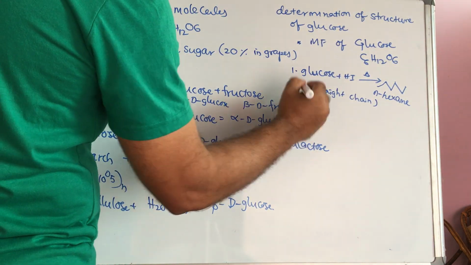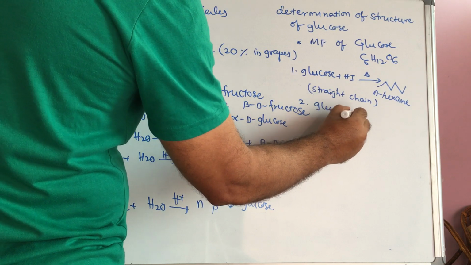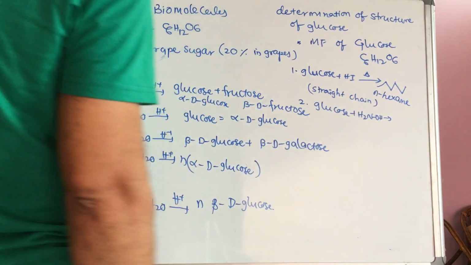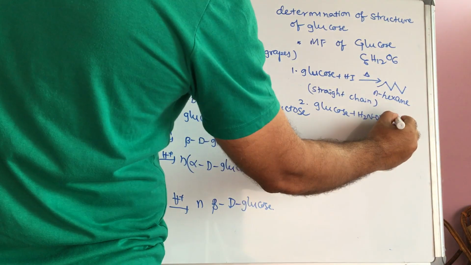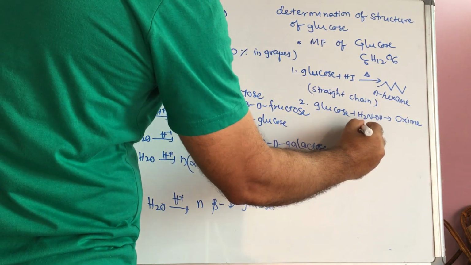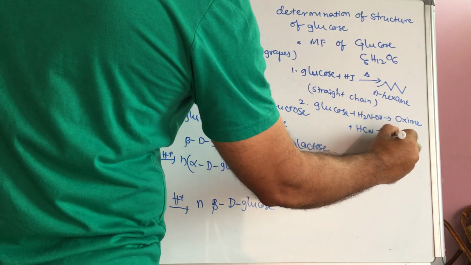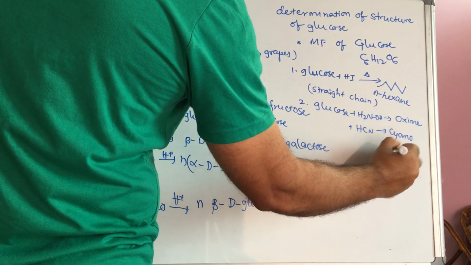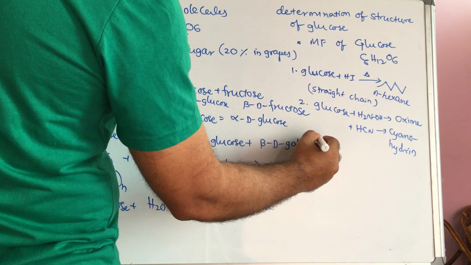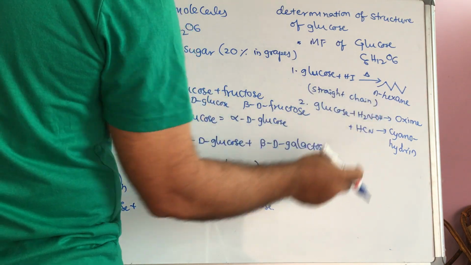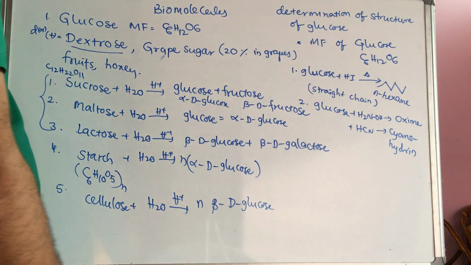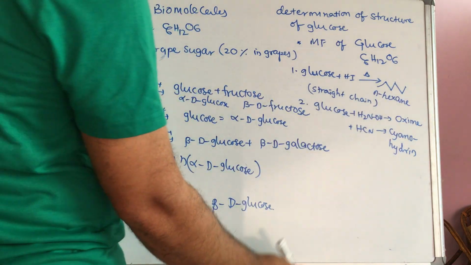Second, glucose reacts with hydroxylamine and forms oxime. Next, glucose reacts with HCN and forms cyanohydrin. Generally, hydroxylamine and HCN react with aldehydes and ketones and form their respective oxime and cyanohydrin.